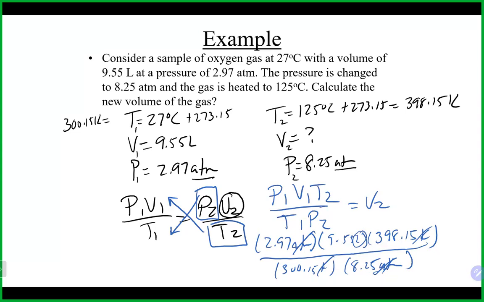So on this one, I'm going to go 2.97 times 9.55 times 398.15, hit equals, divide by 300.15, hit equals, divide by 8.25, hit equals, and you will end up with 4.56 liters as your answer in this case.